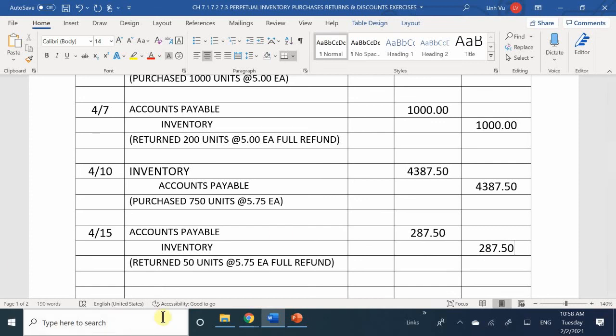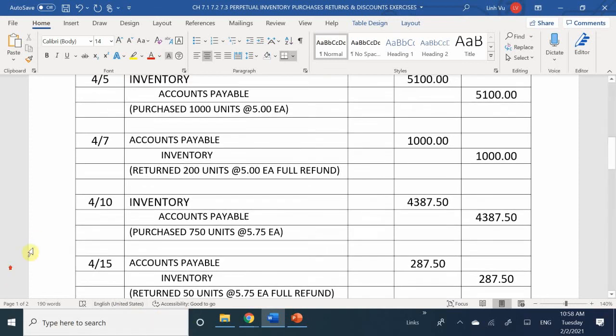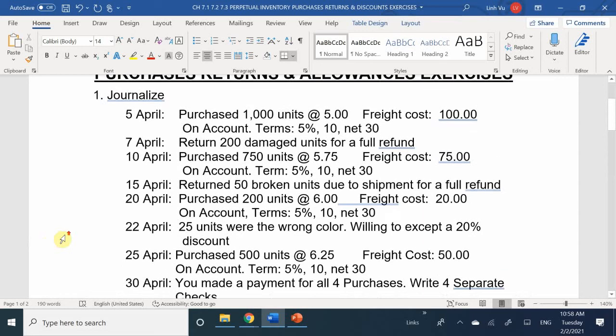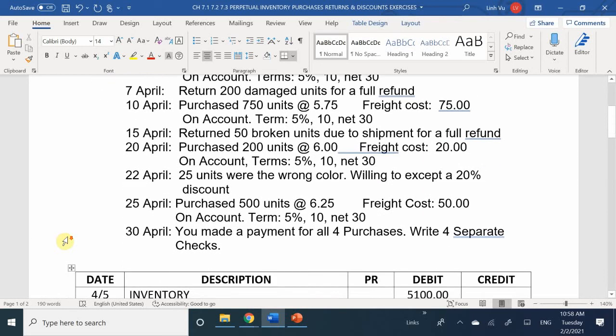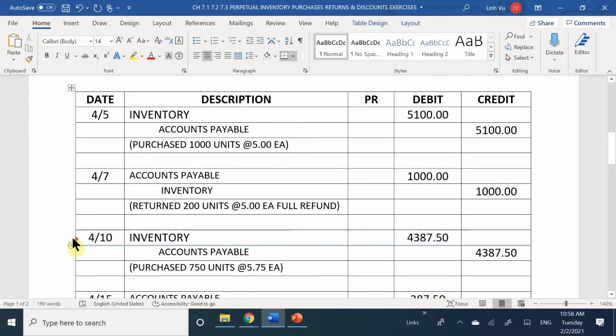Okay, good. All right, I know this is tedious, but we're almost there. April 20th, you purchased an additional 200 units at $6 each, with the freight costing you $20 on an account, terms 5%, 10, net 30.